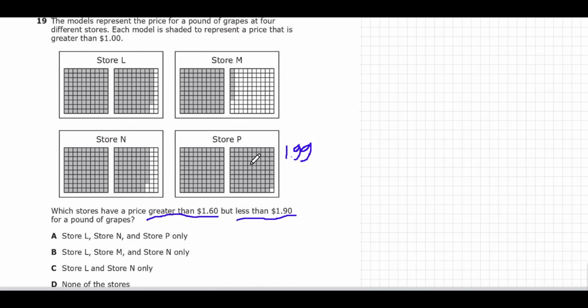Store P represents $1.99, which is greater than $1.60, but not less than $1.90. Store M is not correct.